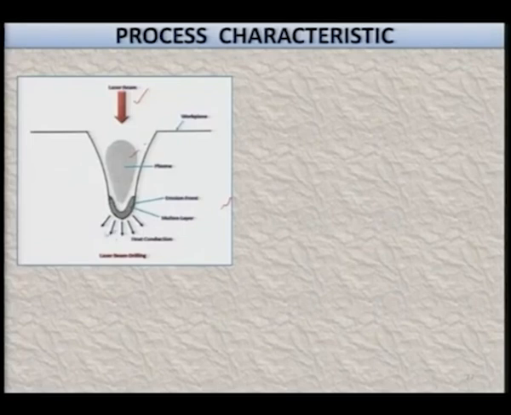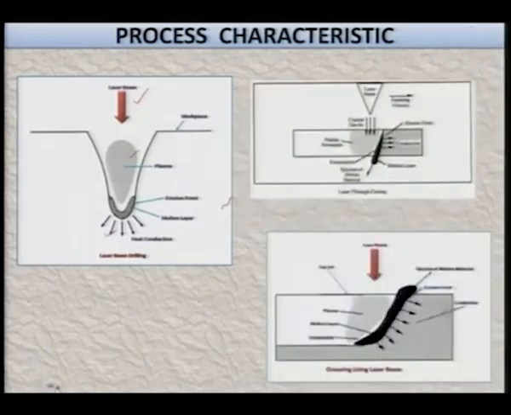Then there is conduction of the heat, and other losses are also there which are not shown here. But the important thing to note is that in drilling, if you are expecting a straight sided hole in laser beam machining, that is not possible. As you can see here, a non-straight, bell shaped hole is produced by laser beam machining.